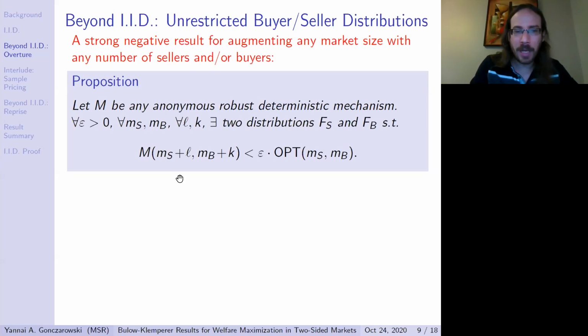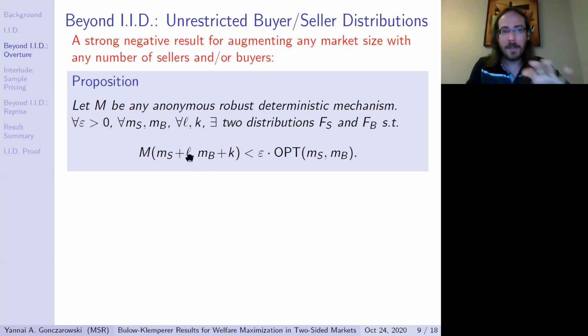There's no connection whatsoever between mechanisms for different sizes. All you need is that if you keep ms plus L sellers but permute their costs, and keep mb plus K buyers but permute their values, if there was no trade, there still is no trade.